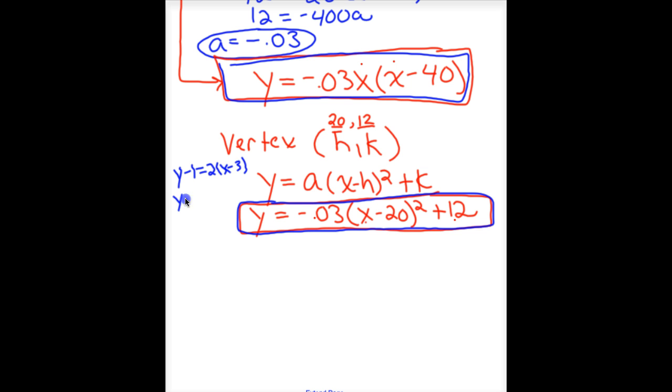But another form would be if I distribute the 2 in, and then add the 1 to both sides. This is slope-intercept form, and this is point-slope form, but they're equivalent, and they both represent the same line. Similarly, this equation for the path of the melon is identical to this one.